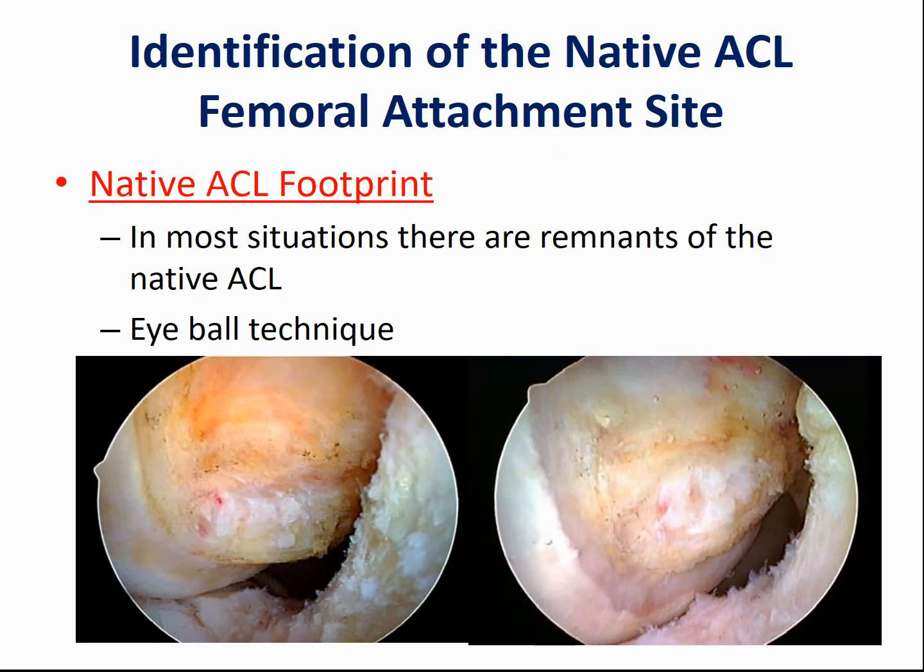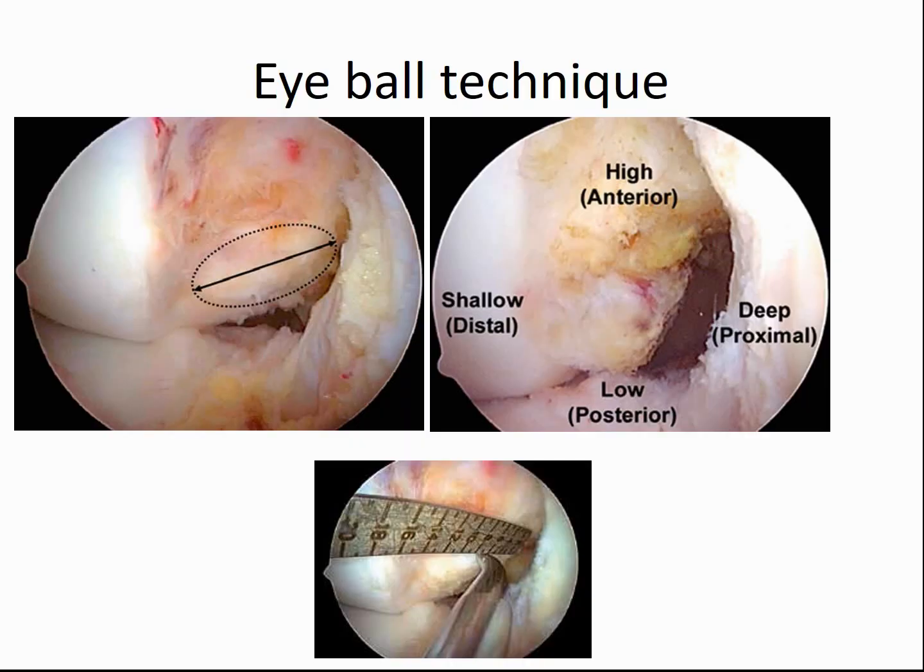The second method is the native ACL footprint. In most situations, there are remnants of the native ACL present to aid with anatomic ACL femoral tunnel placement. The center of the ACL femoral footprint can be estimated using the eyeball technique and the location marked with an angled microfracture awl. The eyeball technique is fairly accurate for estimating the high-low position of the tunnel.